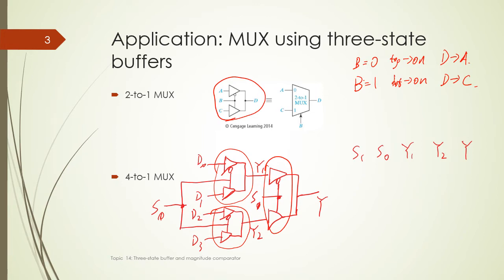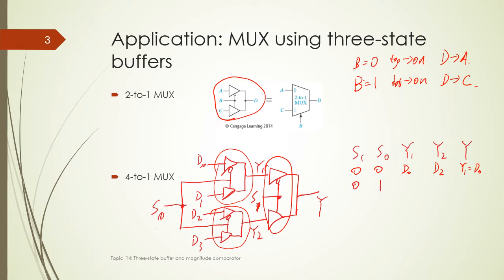If we select the inputs S1, S0 equal to 0, 0, so this is 0. 0 means the top buffer will be on. So Y1 will follow D0, Y2 will follow D2. But in the second level, S1 equals 0, so only Y1 will pass through. So the output Y equals Y1, which equals D0.